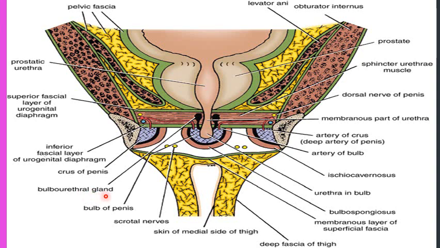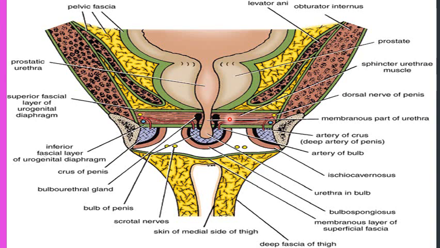You must remember that the bulbourethral glands in the male are present in the deep pouch, and their ducts open into the urethra by passing through the superficial pouch. So the ducts of the bulbourethral glands are in the superficial pouch, and the gland itself is present in the deep perineal pouch.